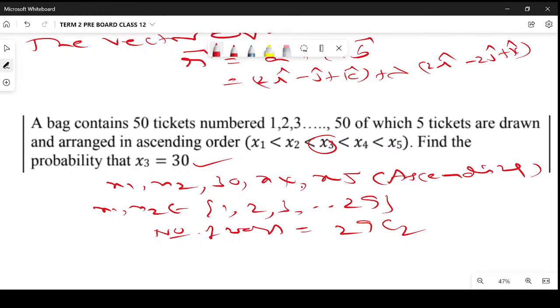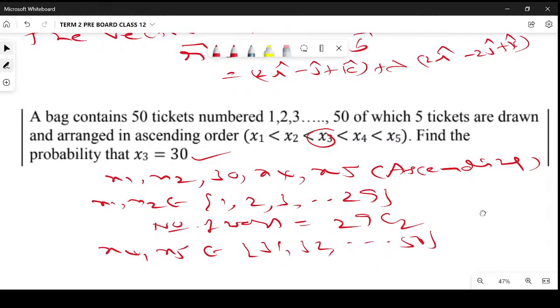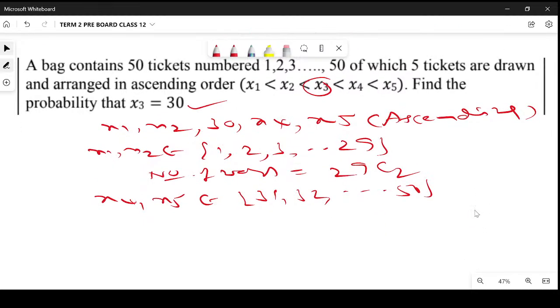After 30, x4, x5 can be selected from the remaining numbers, 31 to 50. So 31 to 50 means we have 20 numbers, with 50 as the ending number, because they have given only 50 numbers.